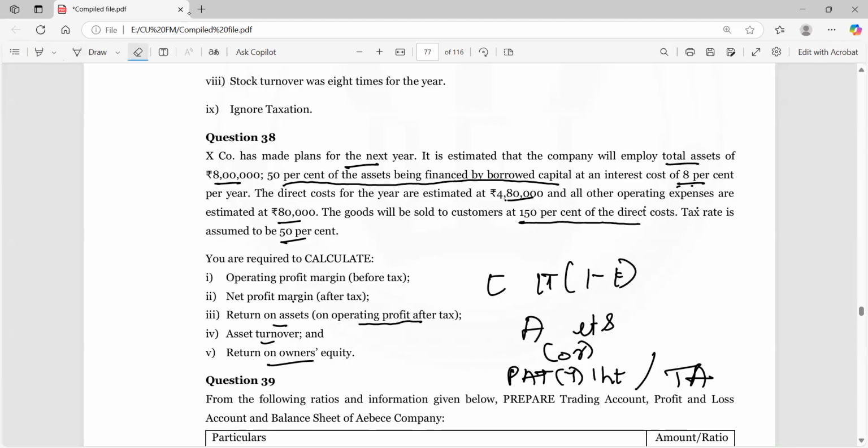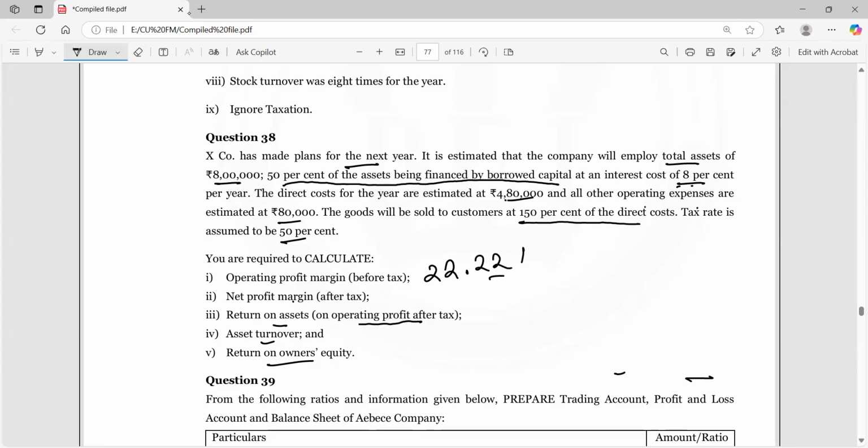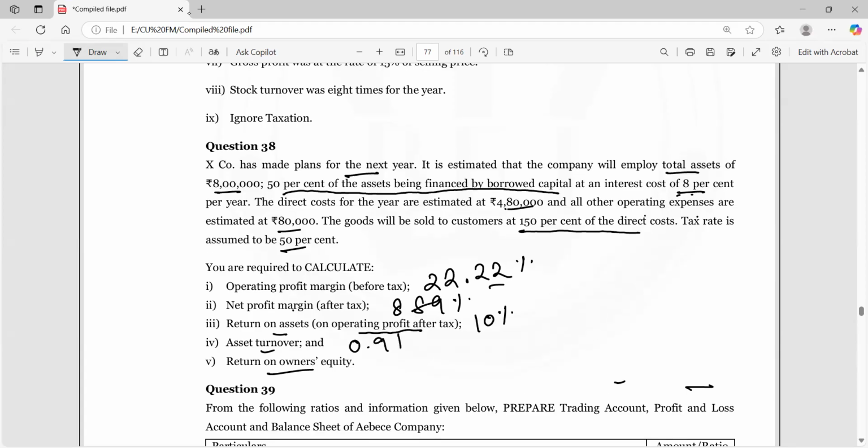So can someone tell me the final answers? 22.22%, 8.89%, 10%, 0.9 times. Return on equity 16%.